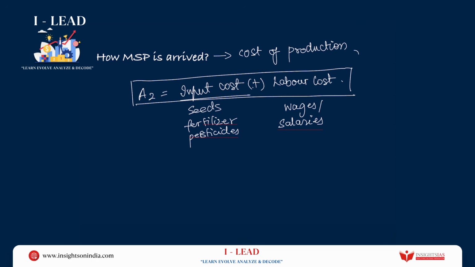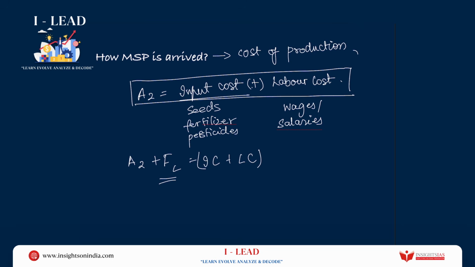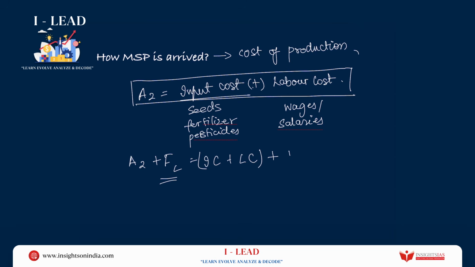And then there was something called A2 plus FL. But sir, what is this A2 plus FL? You can ask. A2 you already know from the above, that is nothing but input cost plus labor cost. But along with this, you have a new thing called FL. What is FL now? FL is very simple. It is nothing but unpaid family labor.